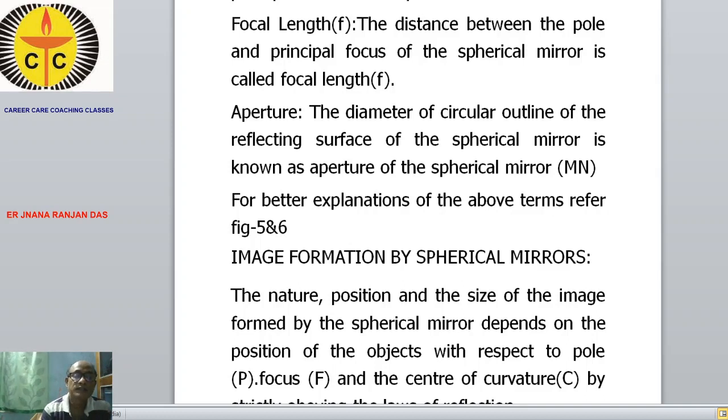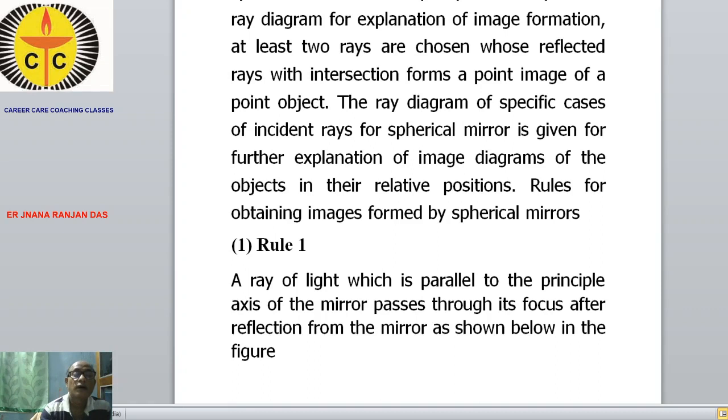Where your image is situated depends on the position of your object.